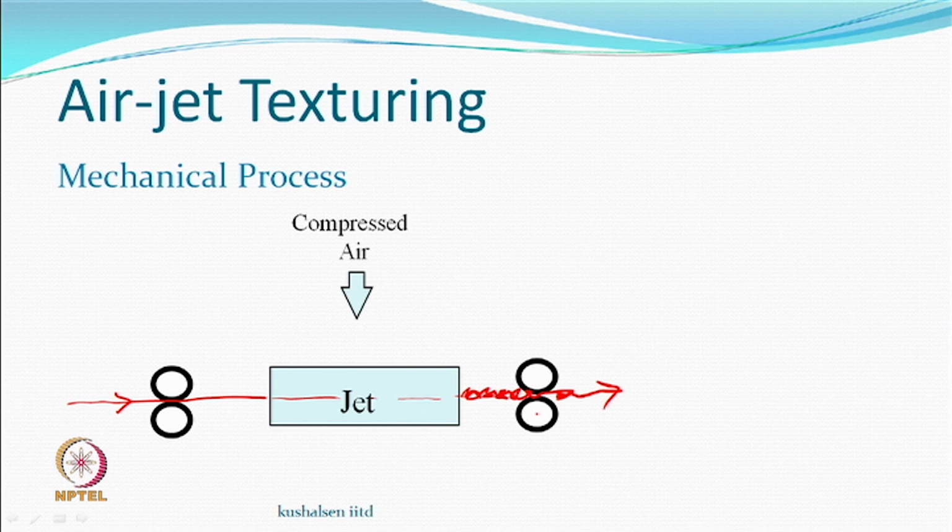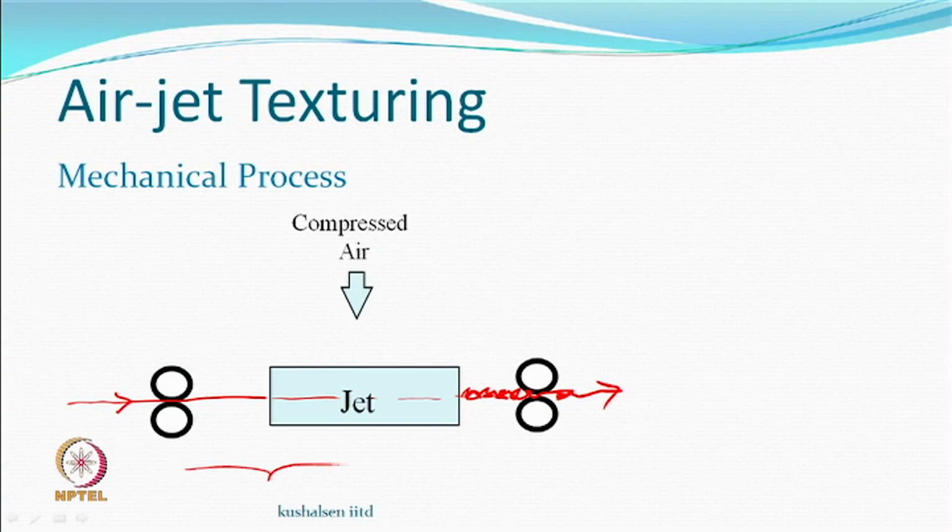So, how does this kind of thing come? The loops, various kinds of loops are generated. How does it happen? Details we will learn later, but one interesting thing is, between these two sets of rollers you give overfeed, so that you have enough length of the filament in this zone where a lot of entanglements would take place, and then you get entangled yarn.